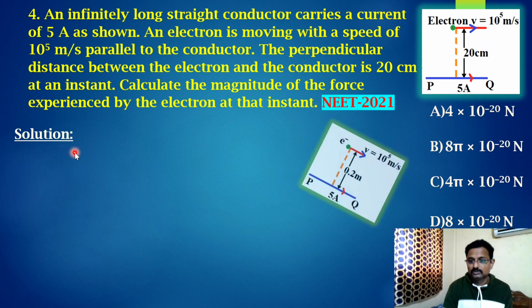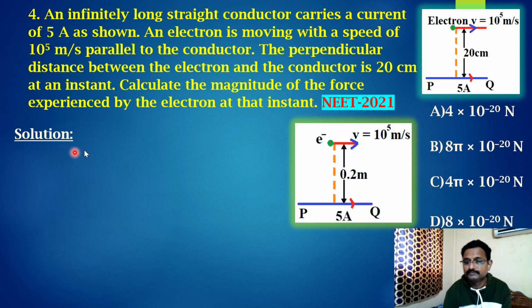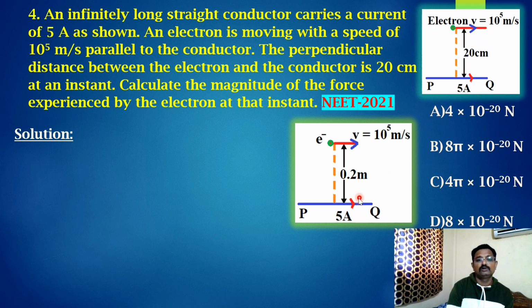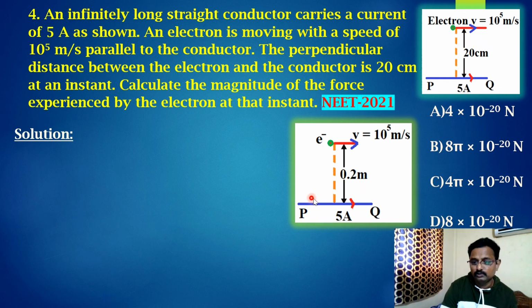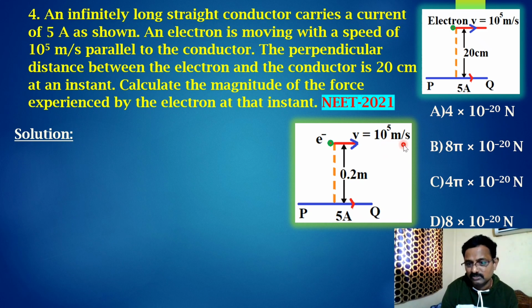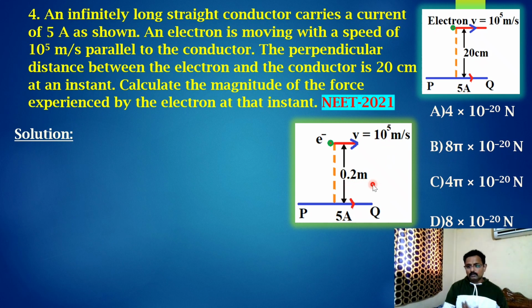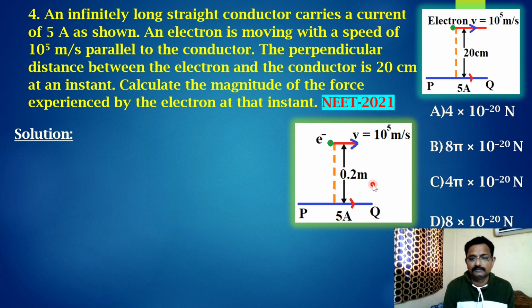Solution. So from the given figure, we have to identify the magnitude of force experienced by this electron due to this current carrying conductor PQ. The velocity of the electron is 10⁵ meter per second. The perpendicular distance between these two is 20 centimeter, which we can convert into 0.2 meter.